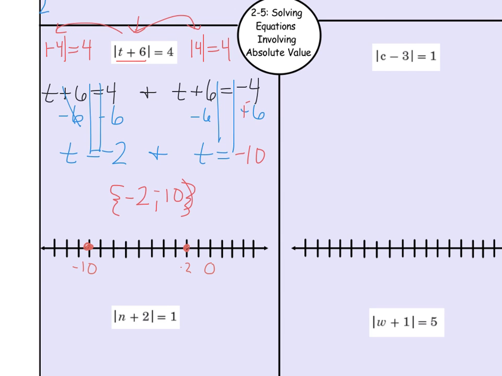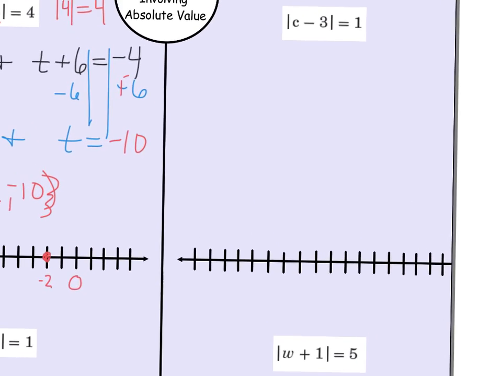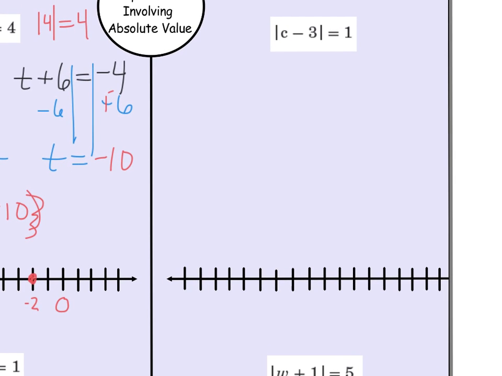So this next one, I'm going to write 2 equations. One, removing the absolute value symbols to a positive, and then one without the absolute value to the negative, because I know that the absolute value of 1 is 1, and the absolute value of negative 1 is also 1. Do my train tracks.